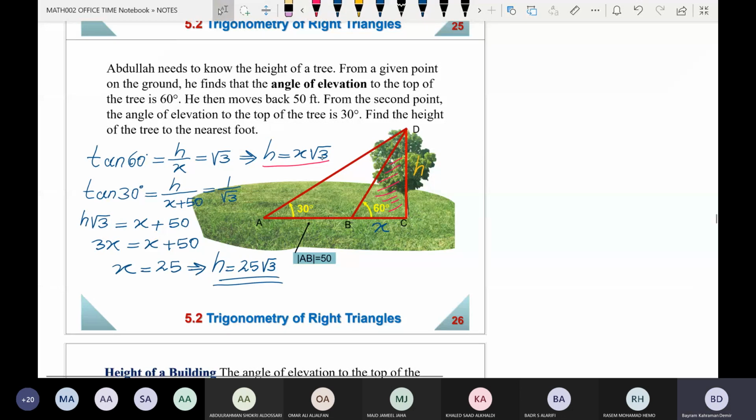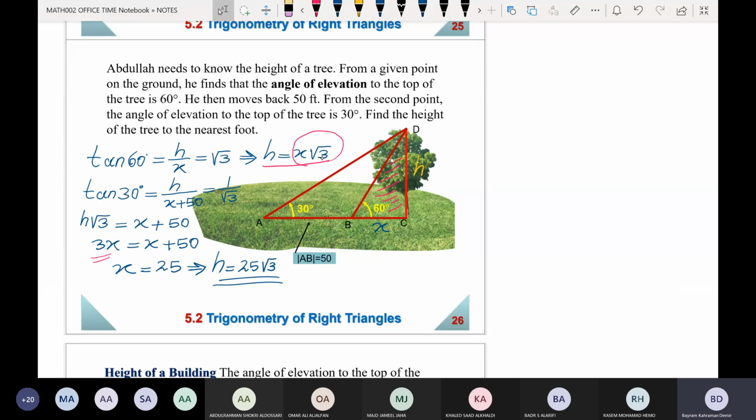But I know the H here, Shabab, right? If you multiply H with √3, it becomes 3x. Are you guys okay with 3x? H times √3 will be 3x. All right, 3x is equal to X plus 50.